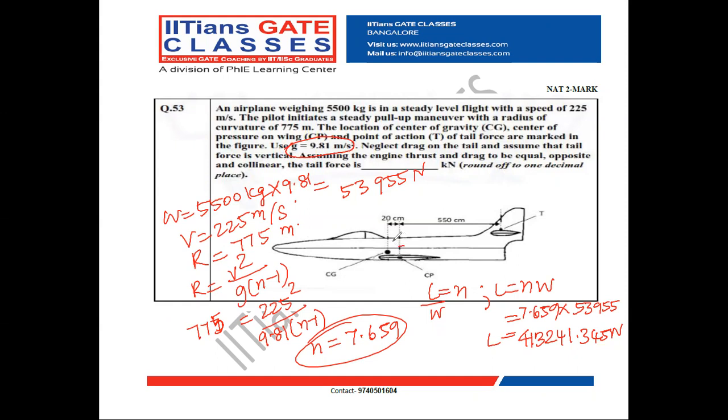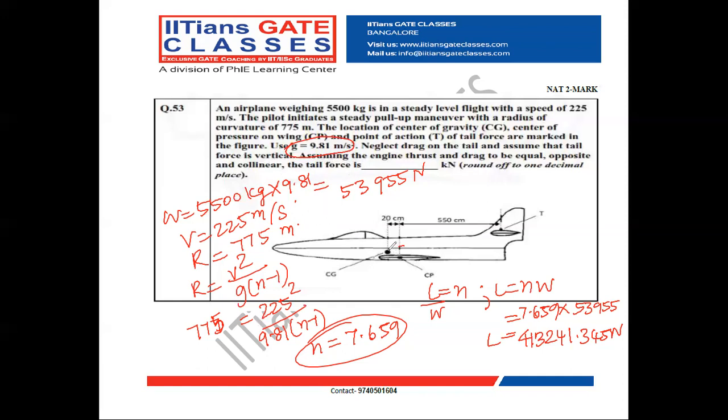Because they told us that thrust is balanced by drag, now you have to take only the lift force and the tail force. So if I do a moment balance, we have to consider the tail force with respect to CG.